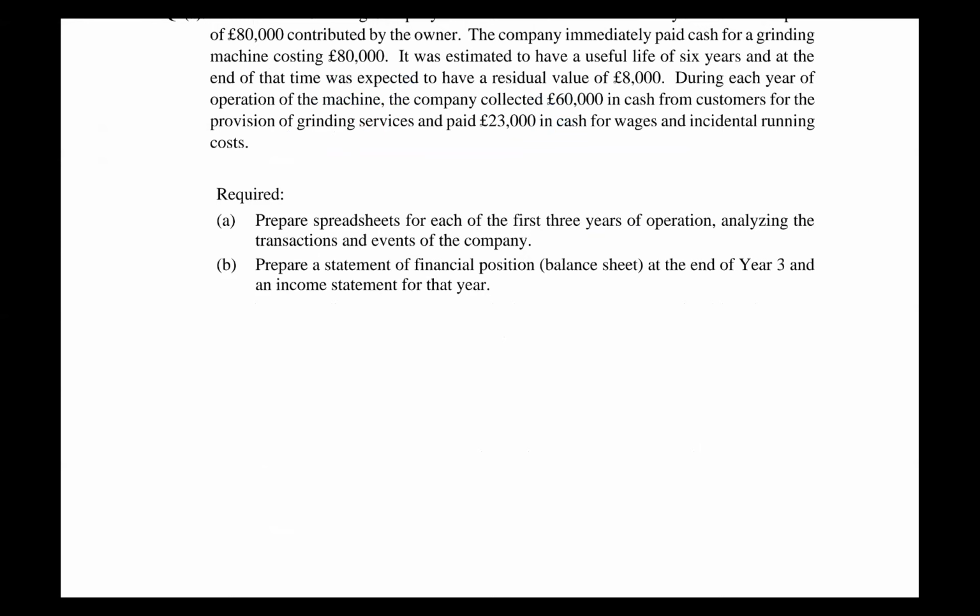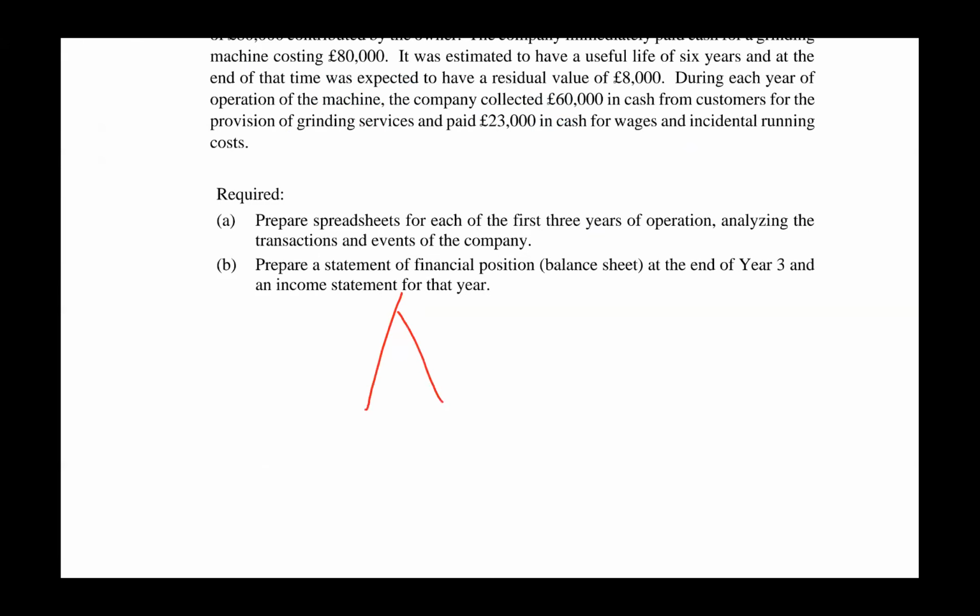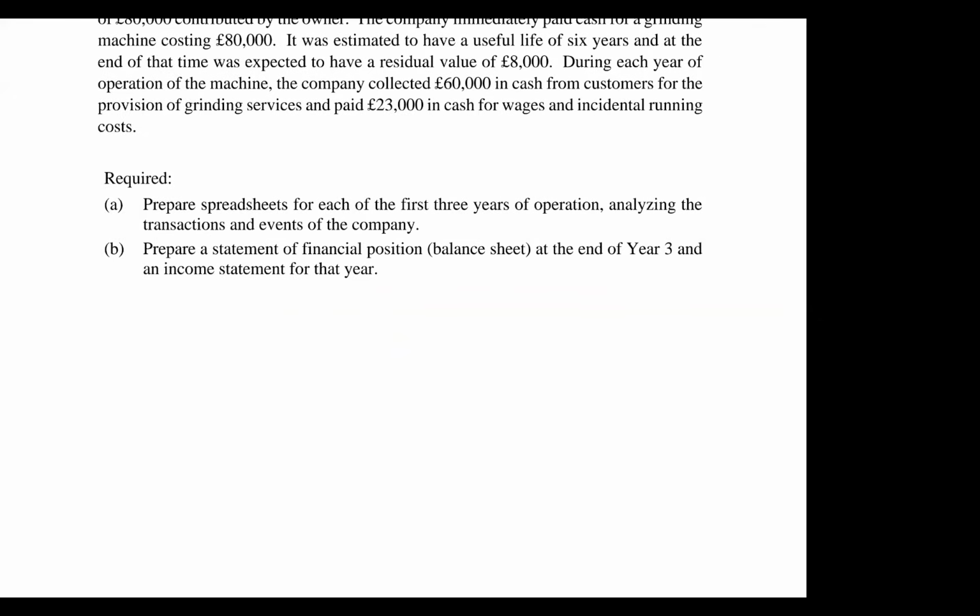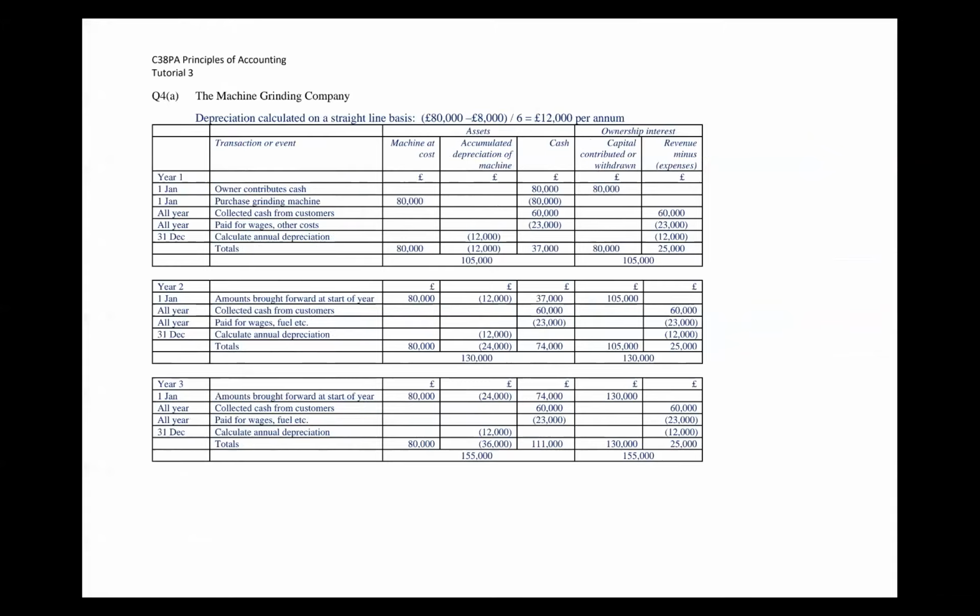So how is a balance sheet now drawn? We know that a balance sheet is drawn by saying assets equal to owner's interest plus liability. So basically that is how it is done. Follow that equation and you will be fine.